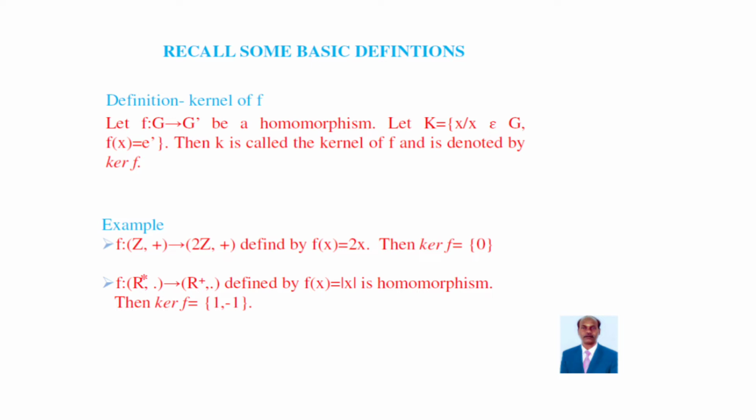Both have a positive value as their image in the codomain set. Therefore 1 and minus 1 have image 1, which is the identity element of R plus. So the kernel of f contains 1 and minus 1.